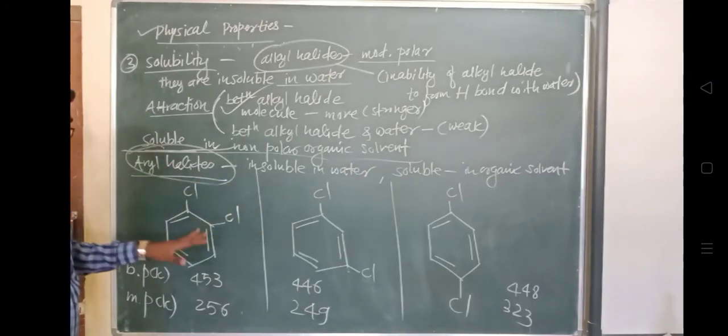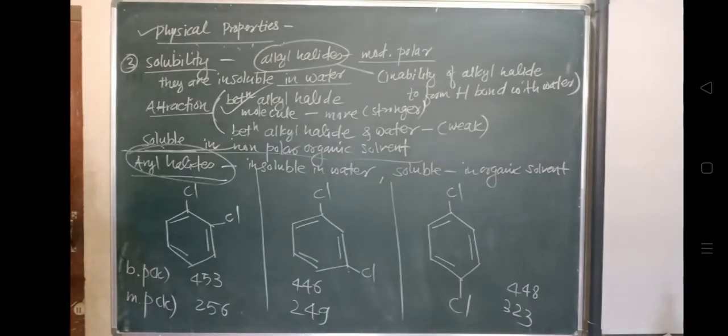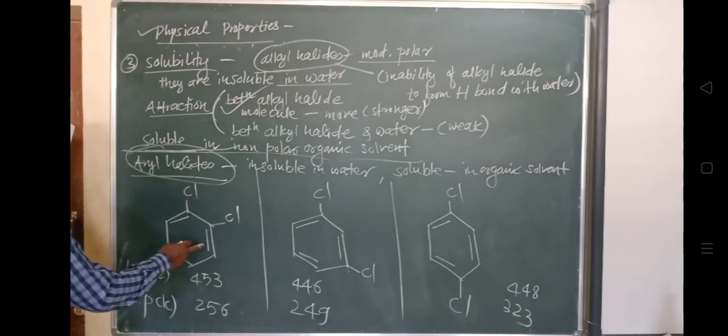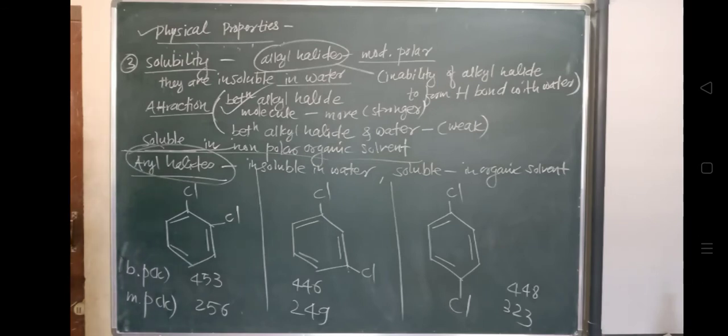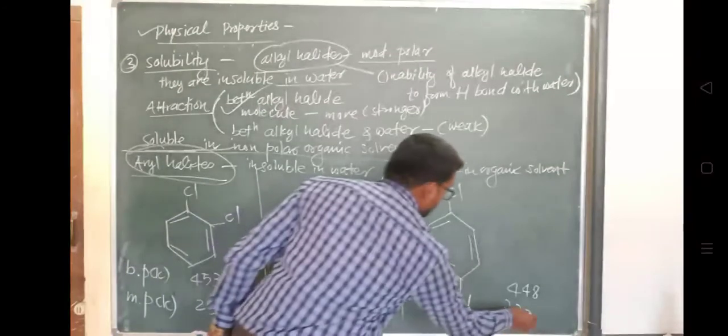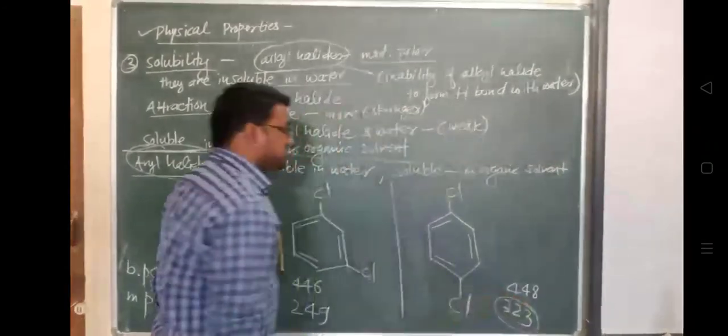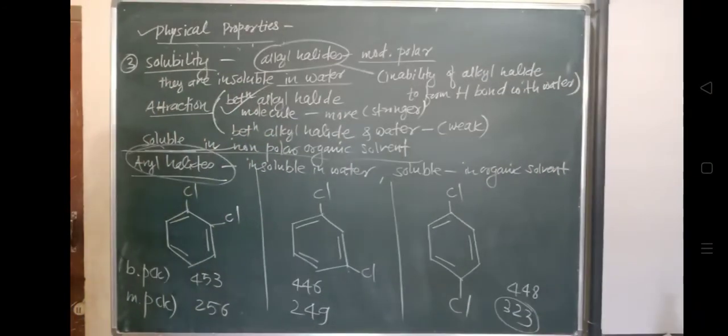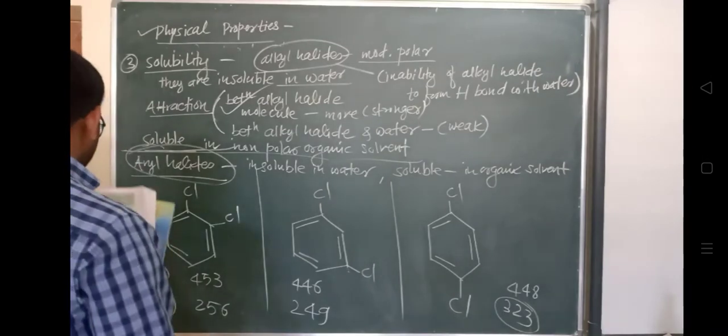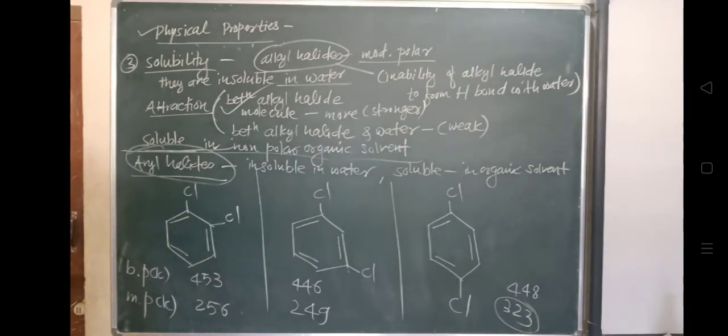Okay, so their positions are different. This is called the ortho. Okay, so the melting point of a para isomer is quite high. So look at the melting point. किसमें melting point सबसे ज्यादा है? So ये देखो, this is the melting point of this compound, and this is called the para.